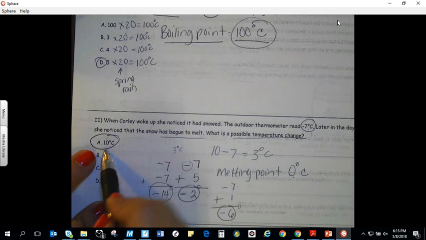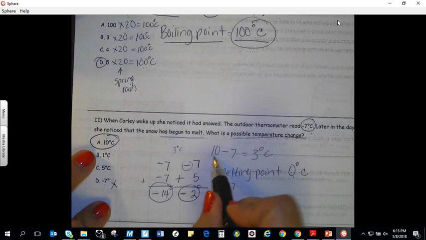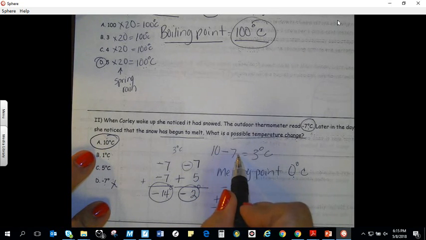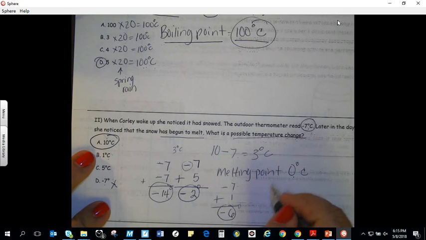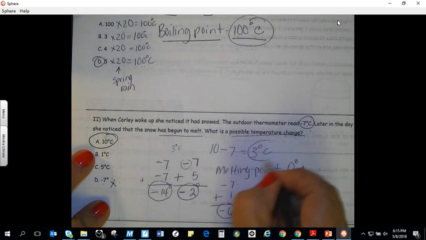But if it changed 10 degrees, and this is where I got my 10 minus 7, well, 10 minus 7, which is also because I put my larger number, if I add my -7 to it, I'm going to take that away, and it becomes that 3, so it started to change at 3 degrees Celsius.